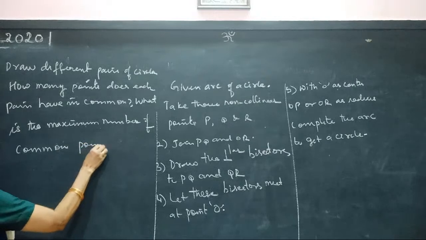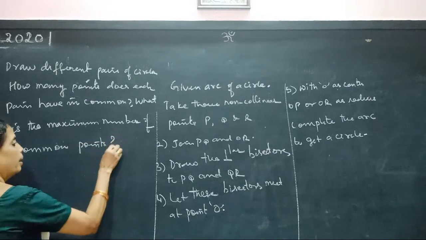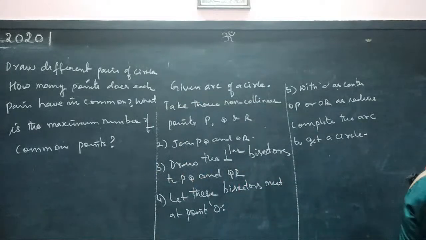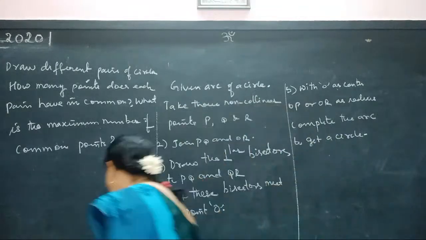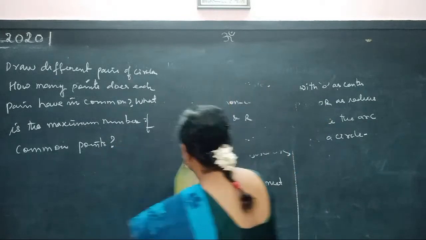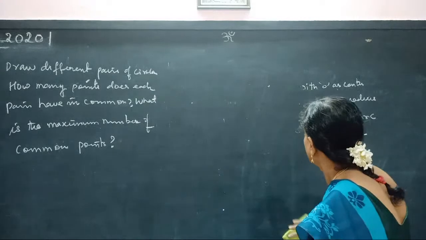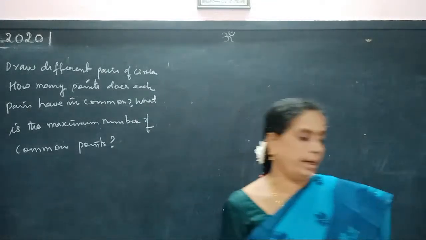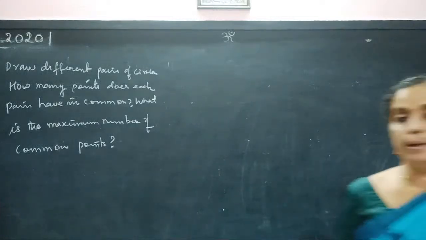So let us write different pairs of circles. Later I will extract the answer from your side. Okay? First pair. Case 1, you write it as case 1.